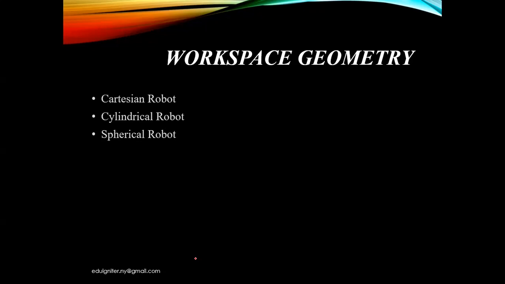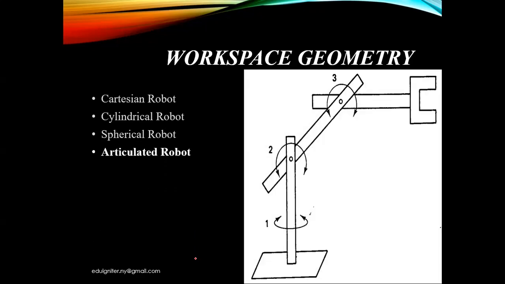Next is the articulated robot. This is the schematic view of an articulated robot. Here is the coordinate frame, say X, Y, and Z axes.